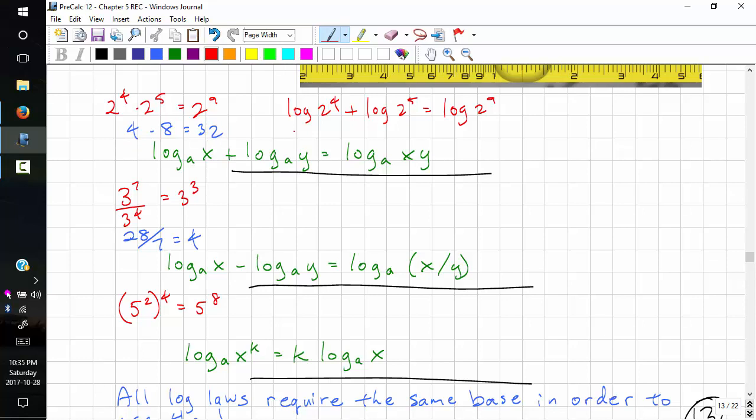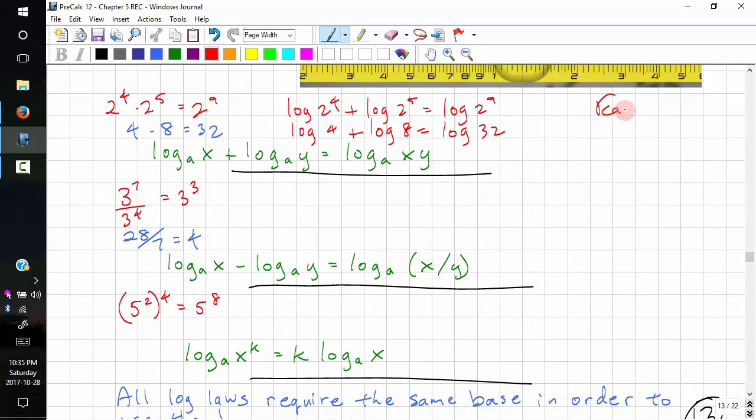And if we just have values here, log 4 plus log 8 equals log 32. And in our most general form, log base a of x plus log base a of y equals log base a of x times y.